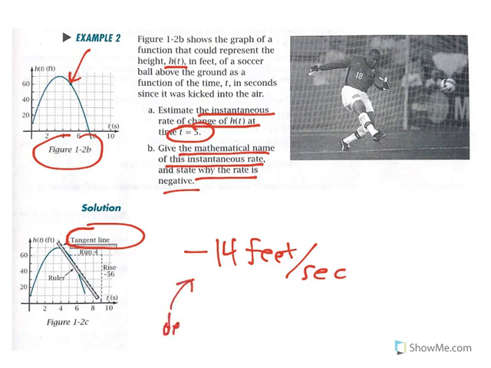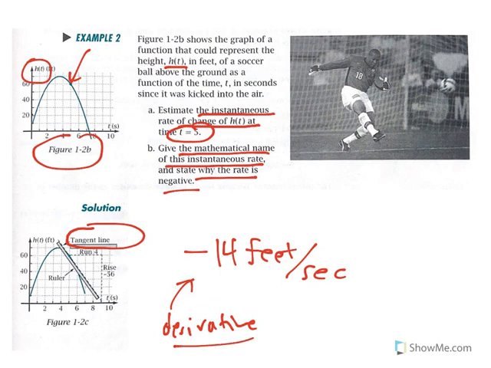This is called the derivative. It's the derivative of the height with respect to time, and it tells us the rate at which the ball is falling at a particular instant in time.